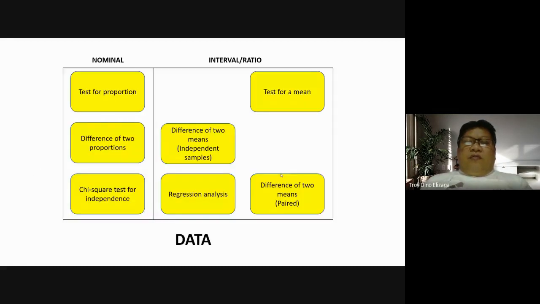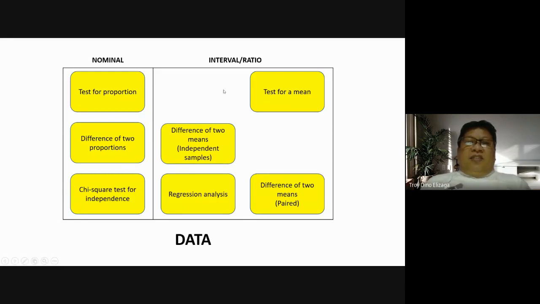From the list of statistical tests that I showed earlier, this group here on the left are the tests that you will use if your data is nominal: test for proportion, difference of two proportions, and chi-square test for independence.